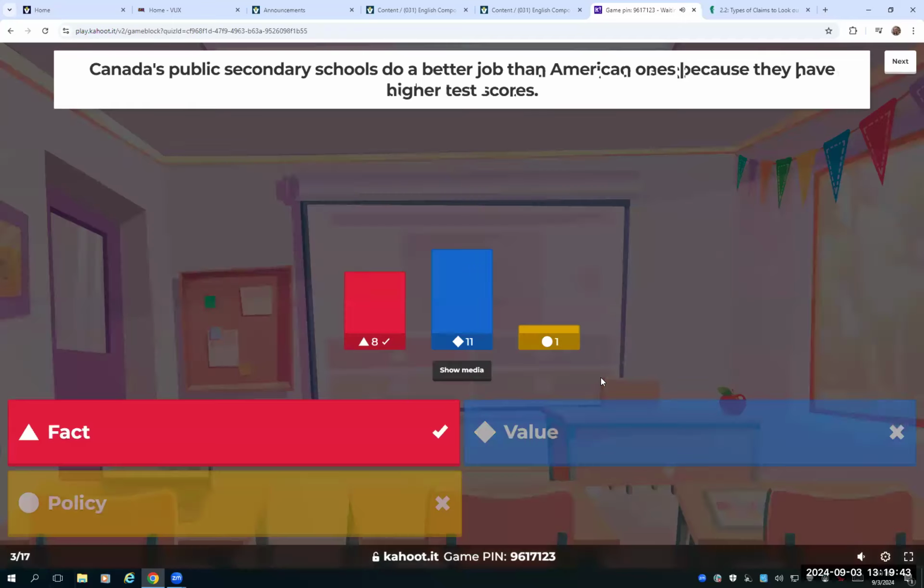We're comparing those schools. Oh, it's supposed to be value. That was wrong. I need to go back in and change that one. Yeah, shoot. That should be value. Let me make a note here. My little card.